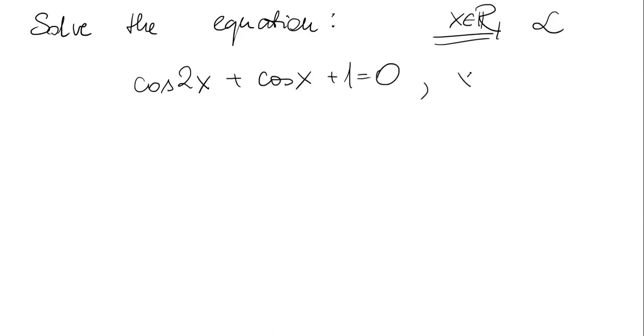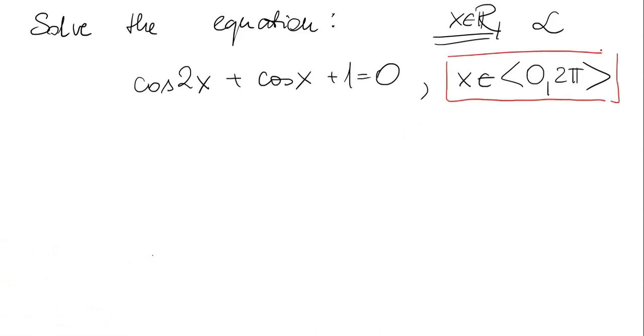And we also have information that x is between 0 and 2 pi. This is very important because if we know that x is only between 0 and 2 pi, then it's very good information for us because we don't need to go to infinity with the function. So we only look at the period between 0 and 2 pi, which is much easier for us.